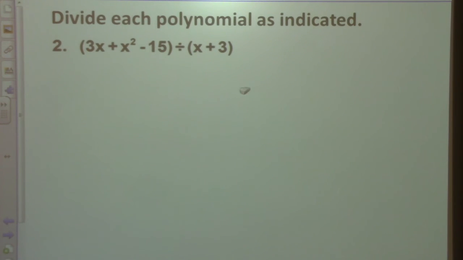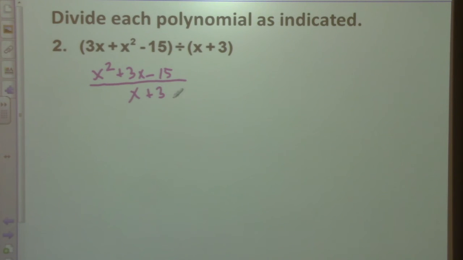So we'll do this one with synthetic division. To do that, we're going to rewrite this one as x squared plus 3x minus 15, and we're going to divide that by x plus 3.